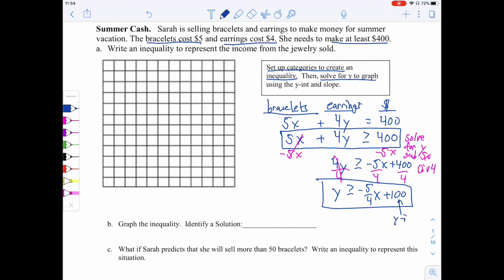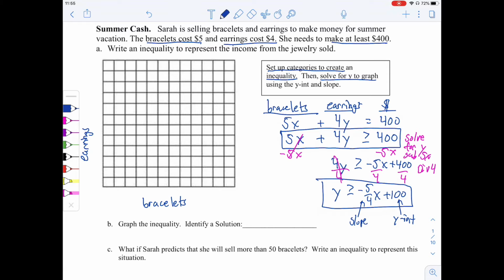Our y-intercept is 100. Our slope is negative 5 over 4. So we're going to graph this out. Bracelets is our x-axis, and earrings is the y-axis.